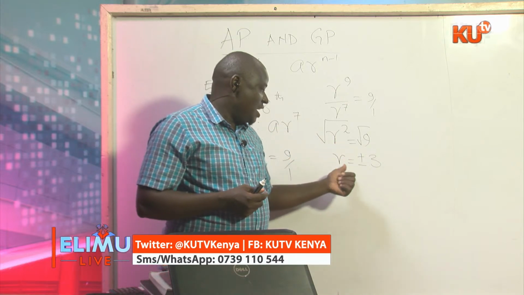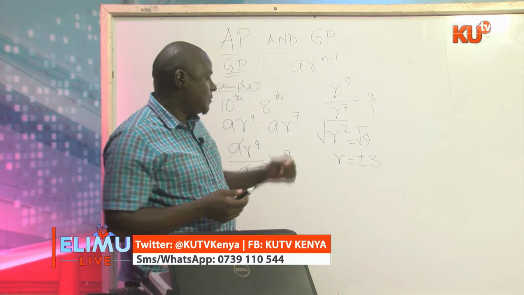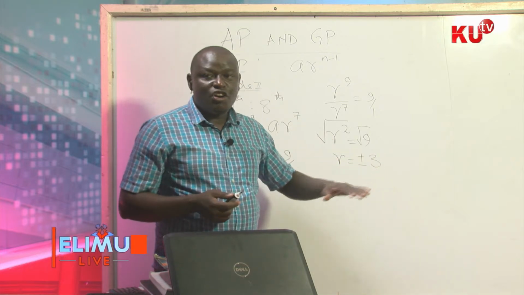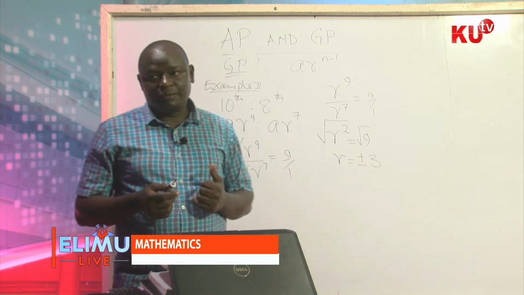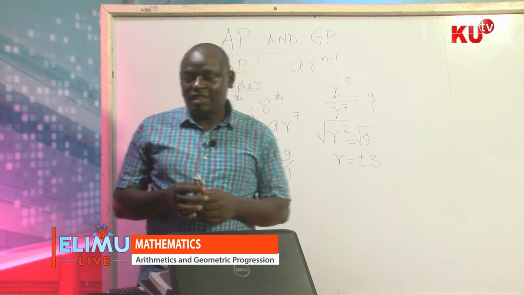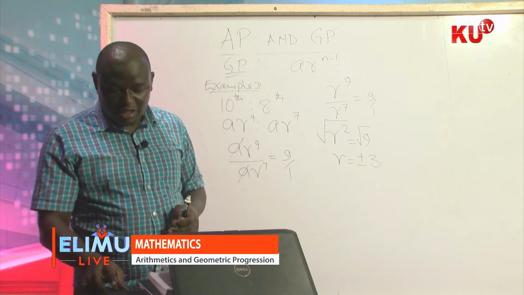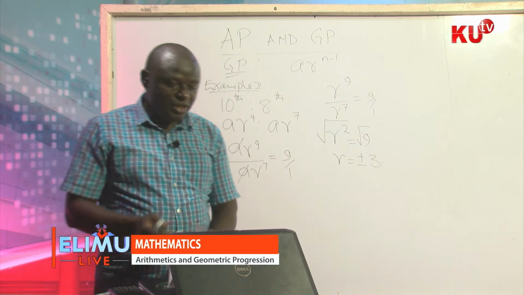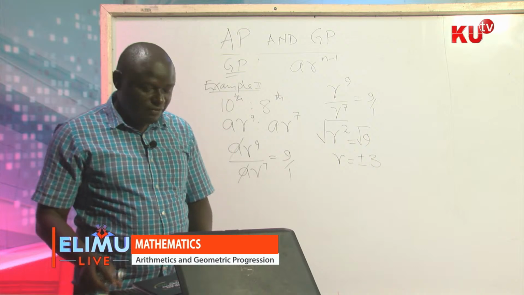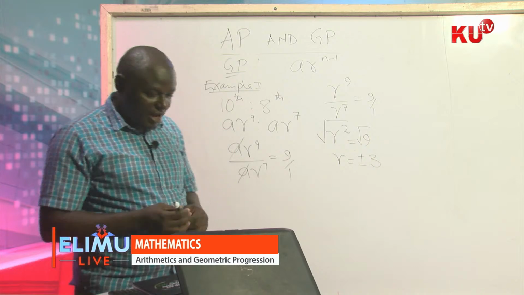That's why we have R, our common ratio, as positive 3 or negative 3. It's an important point and we need to emphasize it every now and then.